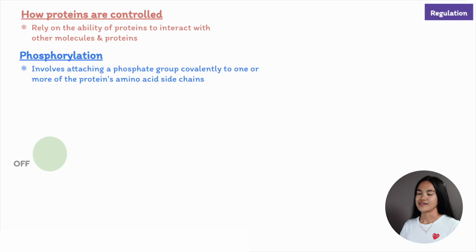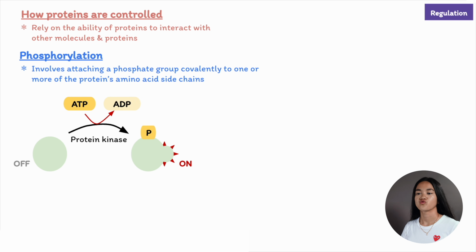Let's break this down. So we have our protein here in its dephosphorylated form. It doesn't have a phosphate group. Protein phosphorylation involves a transfer of a phosphate group from ATP to an amino acid side chain of the target protein here. Specifically, the phosphate group of ATP is transferred to the hydroxyl group on a serine, threonine, or tyrosine side chain of the protein.